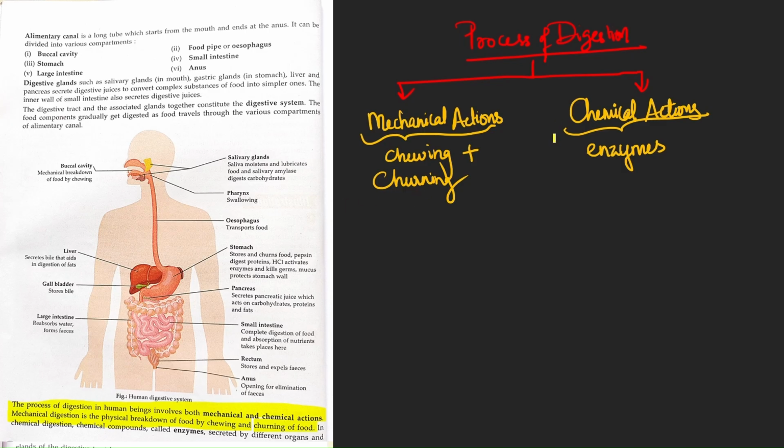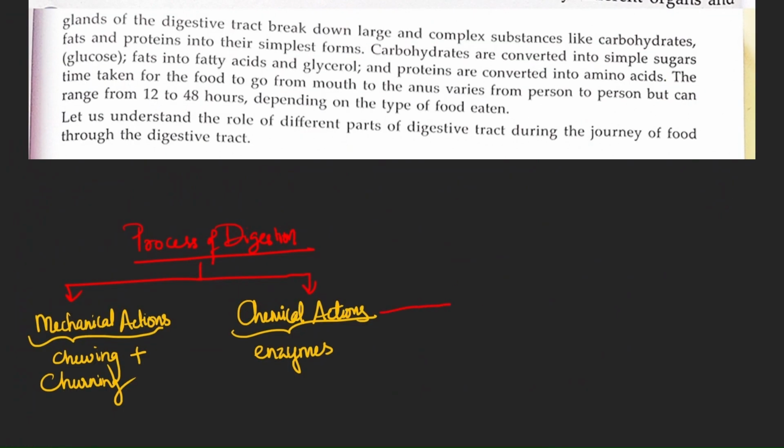In chemical digestion, chemical compounds called enzymes, secreted by different organs and glands of the digestive tract, break down large and complex substances like carbohydrates, fats and proteins into their simplest form.